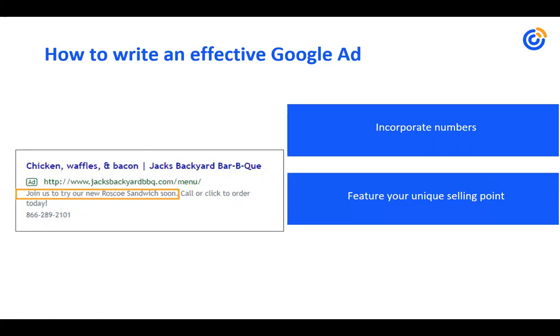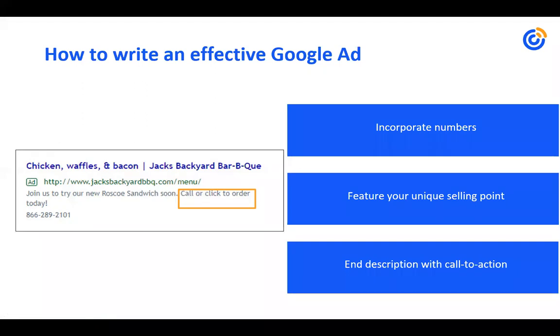It's also important to incorporate a unique selling point that helps to build trust with your audience. Think about something that makes your business unique or why people choose to do business with you in the first place. Basically, something that helps you to stand out from the competition.